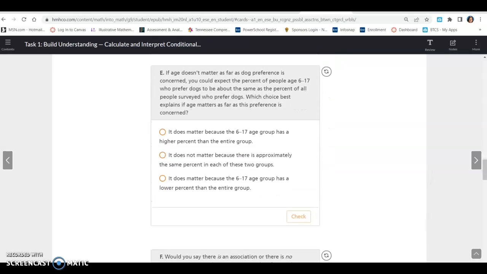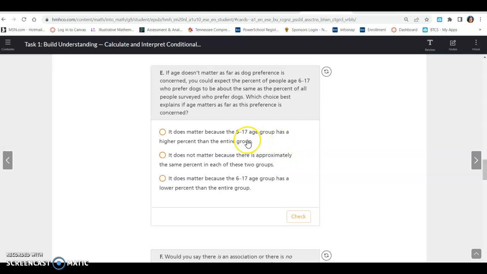All right, if age doesn't matter as far as dog preference is concerned, you could expect the percent of people aged 6 to 17 who prefer dogs to be about the same as the percent of all people surveyed who prefer dogs. Which choice best explains if age matters as far as the preference is concerned?